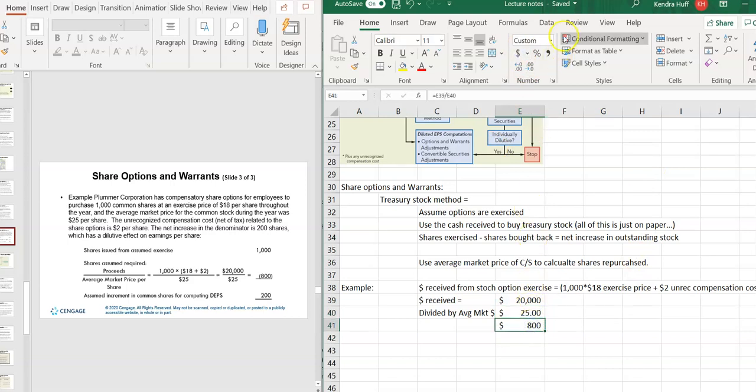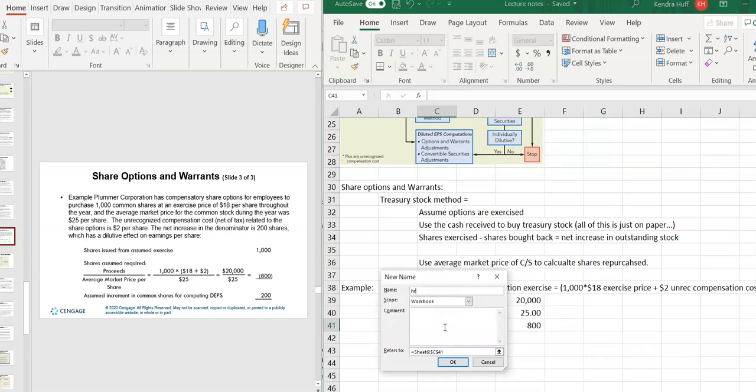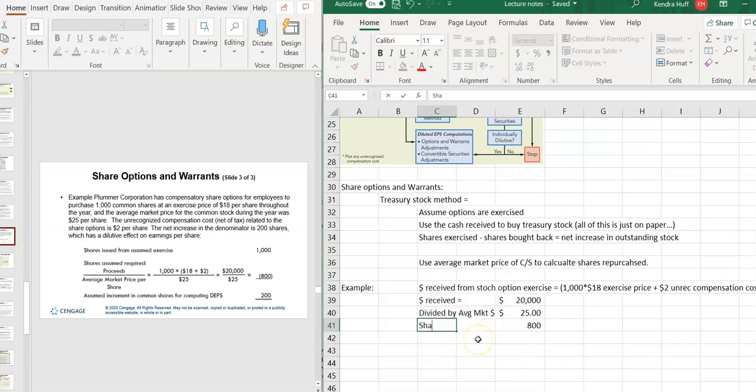And then this is the number of shares I can buy back. This is shares. Shares repurchased.